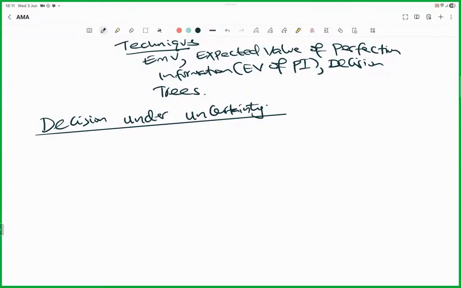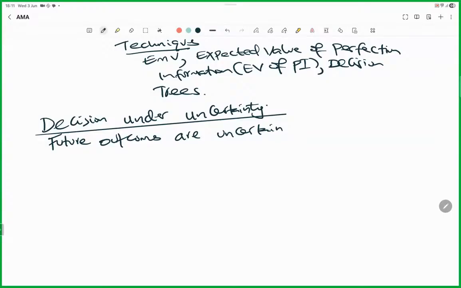All right. So decisions under uncertainty. We have just begun, about half a page of notes for today's class. Future outcomes are uncertain.